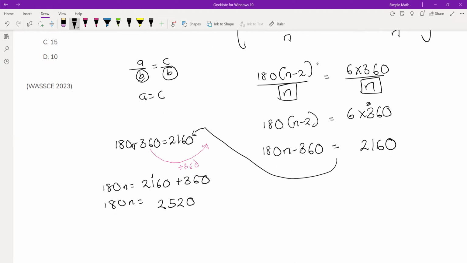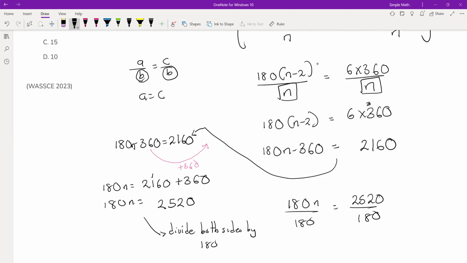So what can we do? We can divide both sides by 180. So 180n over 180 equals 2520 divided by 180. So 180 cancels out.